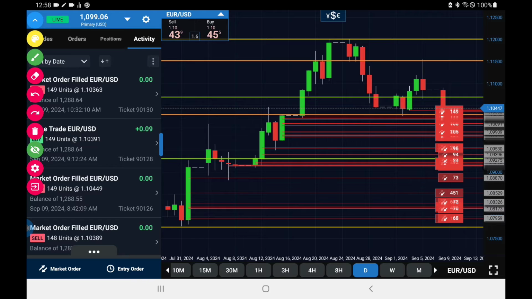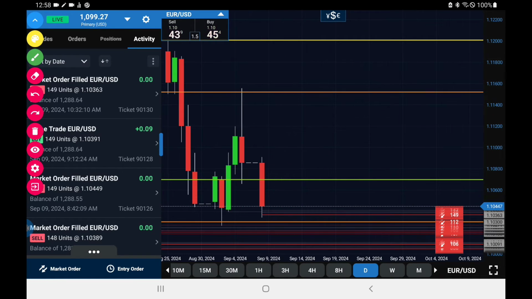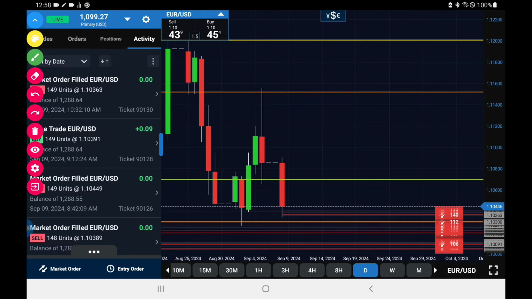Now, I use multiple trading positions because it simply works better for my risk assessment and for my ability to help protect my account. So over here on the side are my current list of trades. Now this account isn't impressive. It's not a lot of money in it.